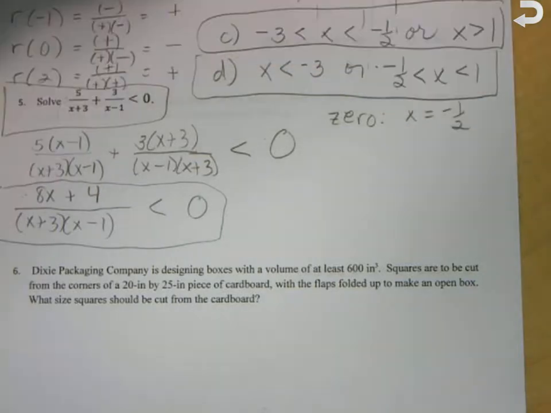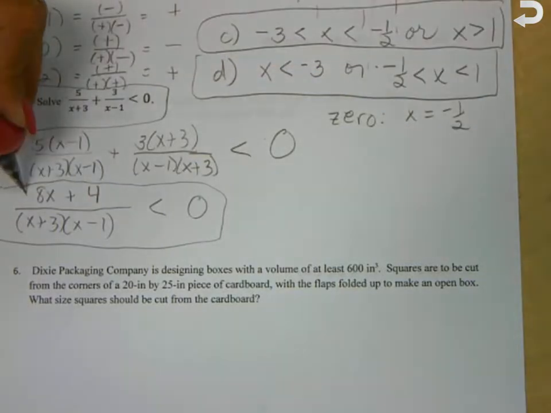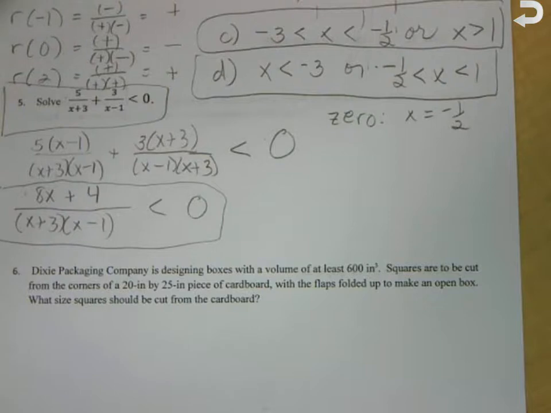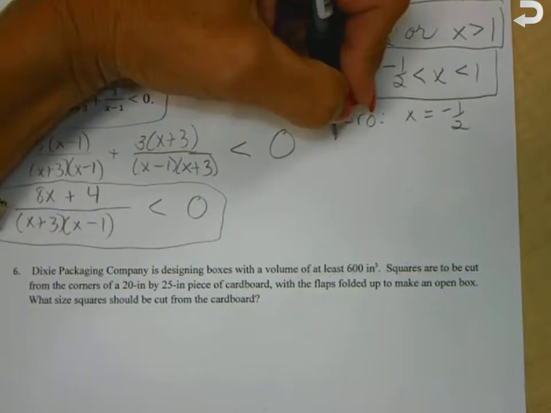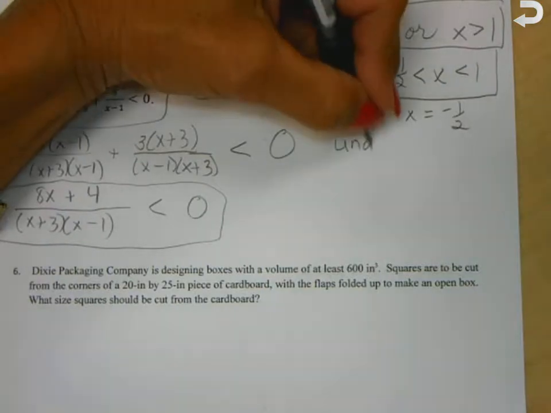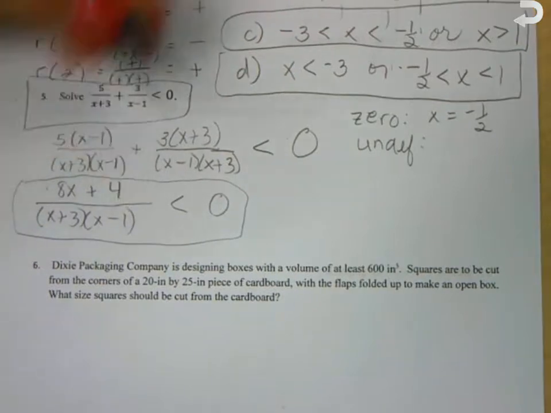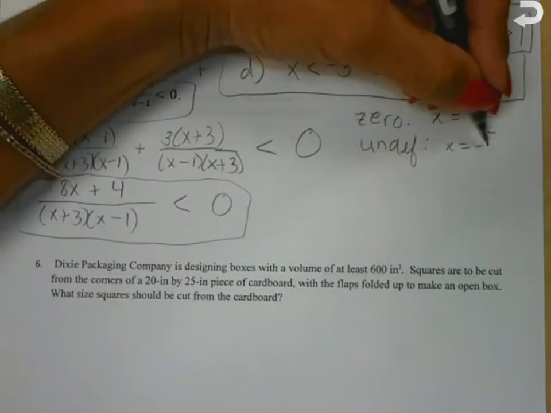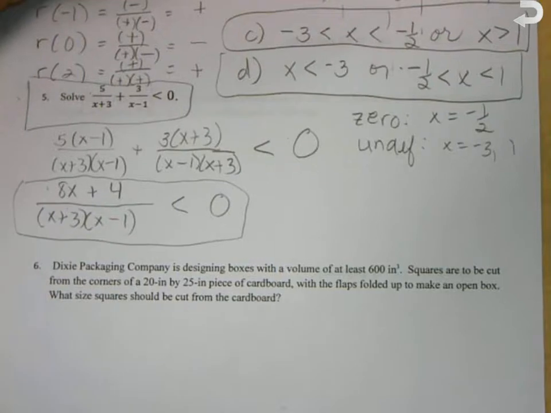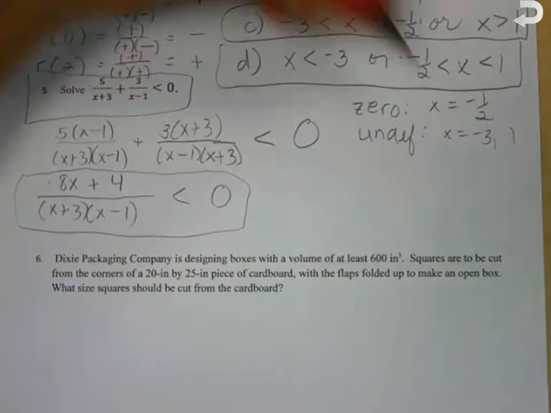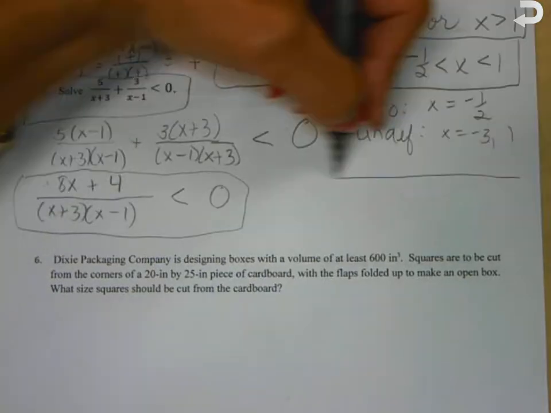The function is equal to 0 whenever the numerator is equal to 0. And the numerator is 0 when x is equal to negative 1/2, when I set 8x plus 4 equal to 0. My denominator has undefined values at negative 3 and 1.